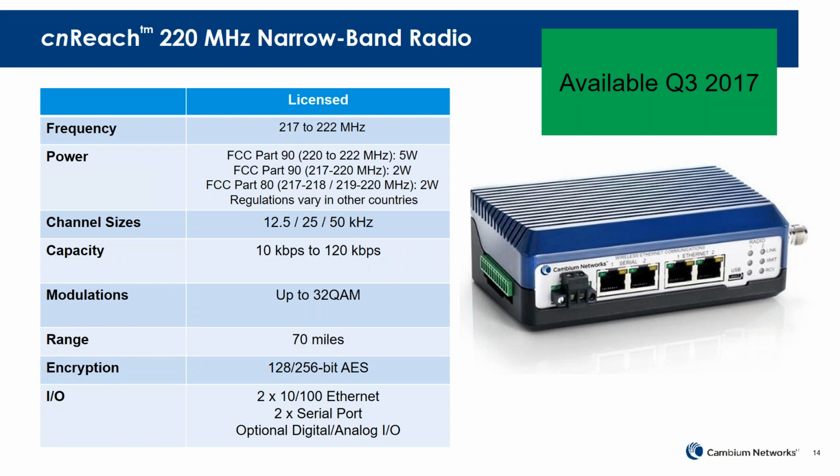The platform itself covers 217 to 222 megahertz, and you can see the FCC Parts 90 and 15 where we have validation. You should see that grant get posted here in the next week or so. So you'll see more information about that and what licenses are usable with the product.